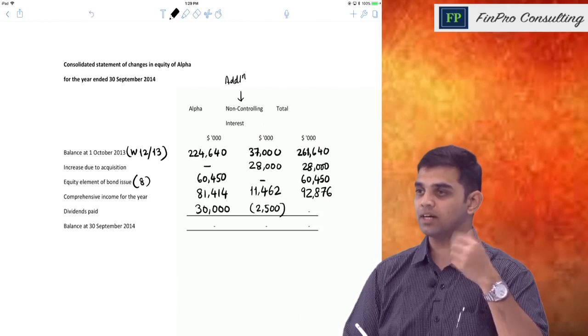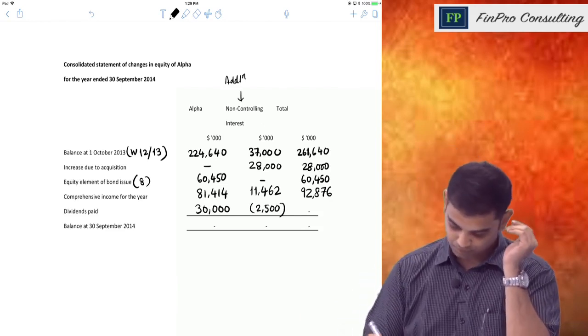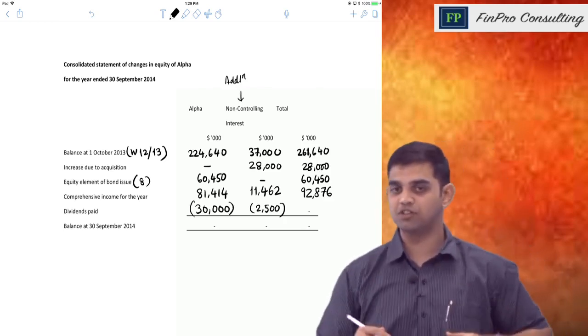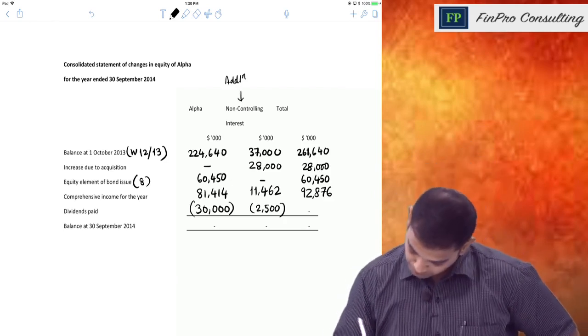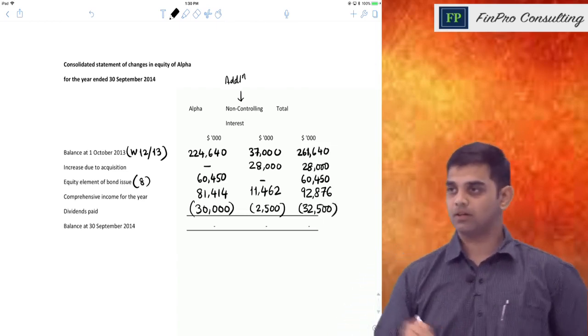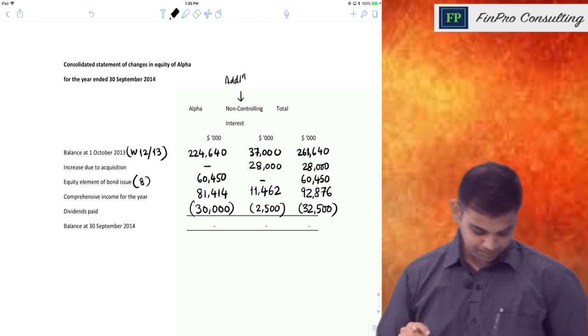And anything relating to gamma? No, because it is pre-acquisition. So 30,000 is also less. You have paid the dividend, so it will reduce my net assets. So the outer column is 32,500.